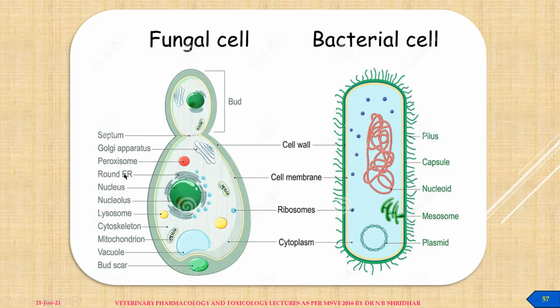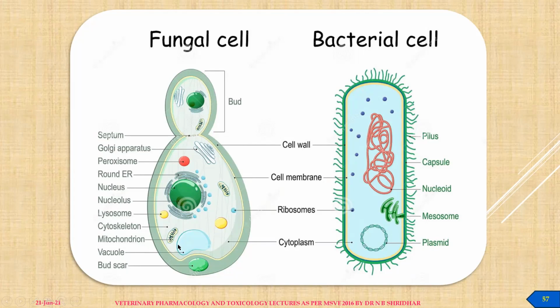If this is the ER, the protein synthesis source. It also has a very well developed nucleus. The nucleolus is also present, then the lysosome, then the cytoskeleton. The very well developed mitochondria, the energy source, are present.